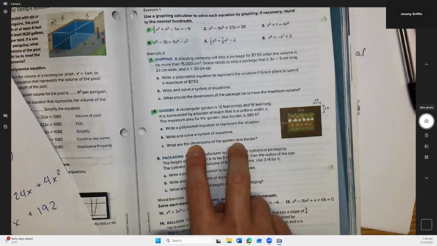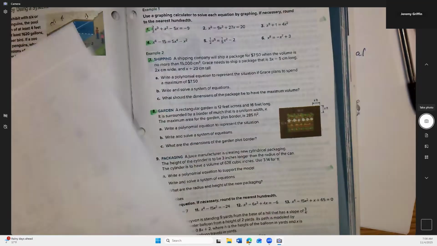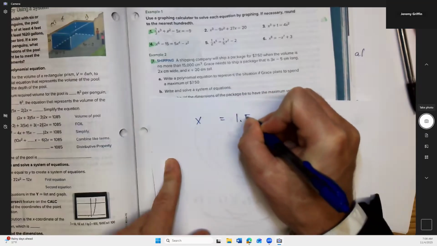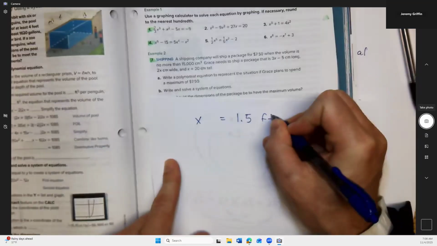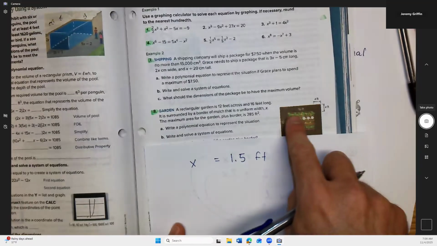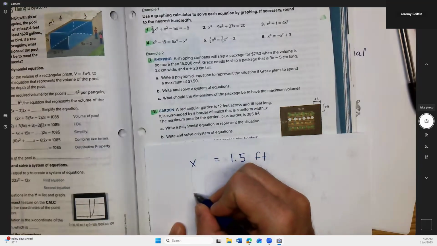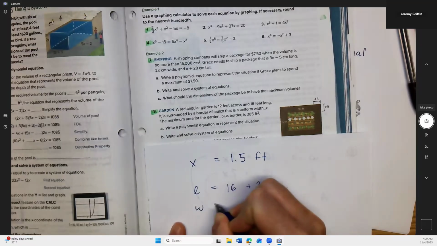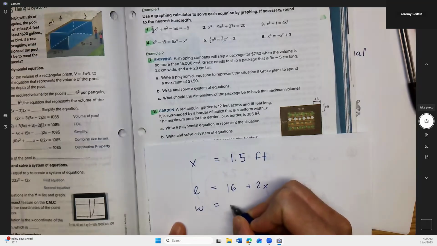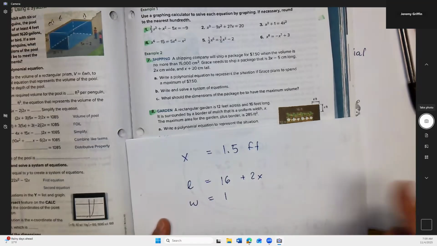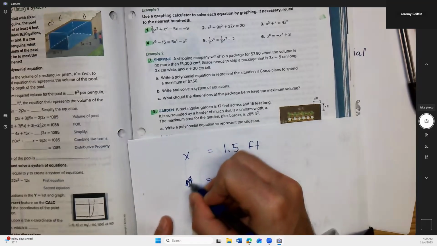Okay, and what are the dimensions of the garden plus the border? Right, so x is 1.5, I guess feet. That would be the location where that would happen. And so the length, remember, was 16 plus 2x, and the width, is that what I called those? No, I was calling this width and this length. Okay, you guys get the idea.